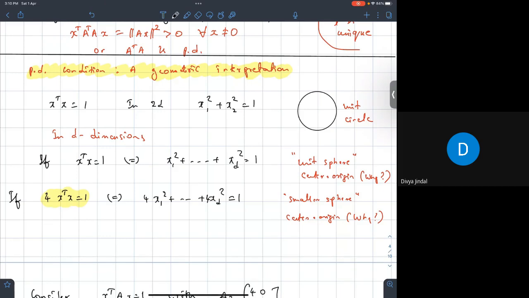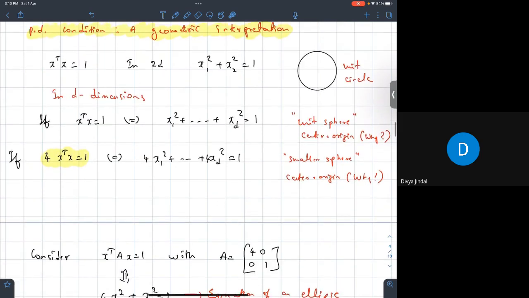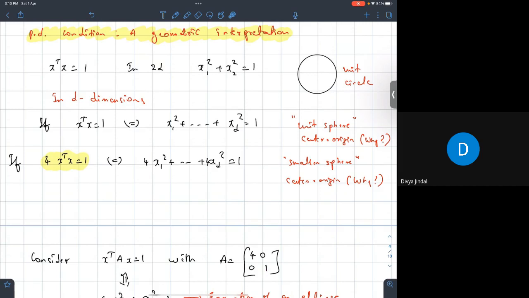Now the point is, instead of putting 4 uniformly for all coordinates, I can use different coefficients. A way to do that would be to take a diagonal matrix and have different, unequal entries.